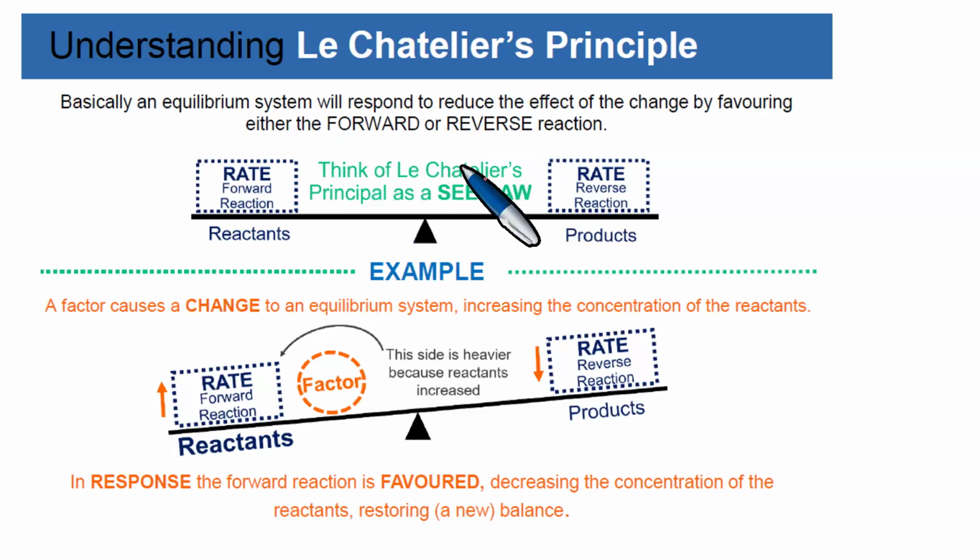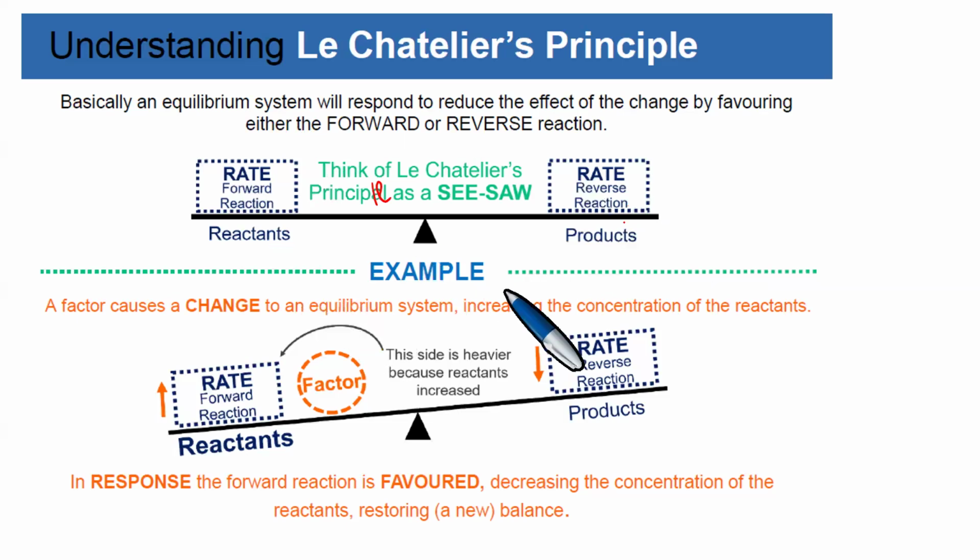Now, think of Le Chatelier's principle as a seesaw. You have the rate of the forward reaction and the rate of the reverse reaction on this side.